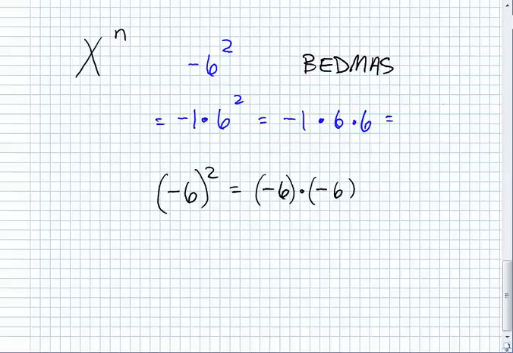So 6 times 6 is 36, and this is going to be negative 36. Down below here, though, it's negative 6 times negative 6. Two negatives multiplied together are positive. The answer is positive 36. So even though they look very similar, they have a very different result, and that's up to you to figure out the explanation for on the journal question.